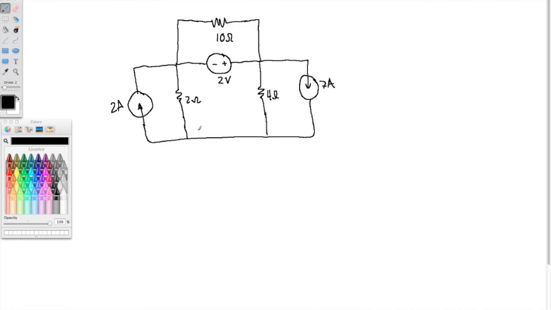Alright, and we want to just kind of, without any specific directions, solve the circuit. So I need to find the voltage everywhere and the currents everywhere. And let's say that this is ground down here. Alright, so we'll identify the nodes. Here's 1. Here's 2.